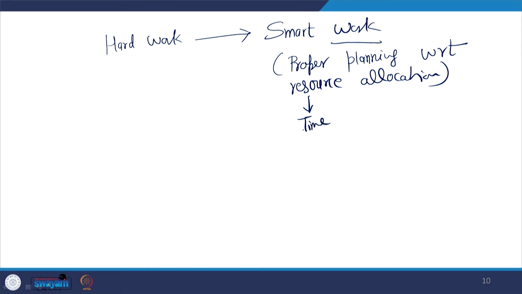Now, you should invest your time in those activities where output is significantly high, or you can say that you can leverage your efforts.